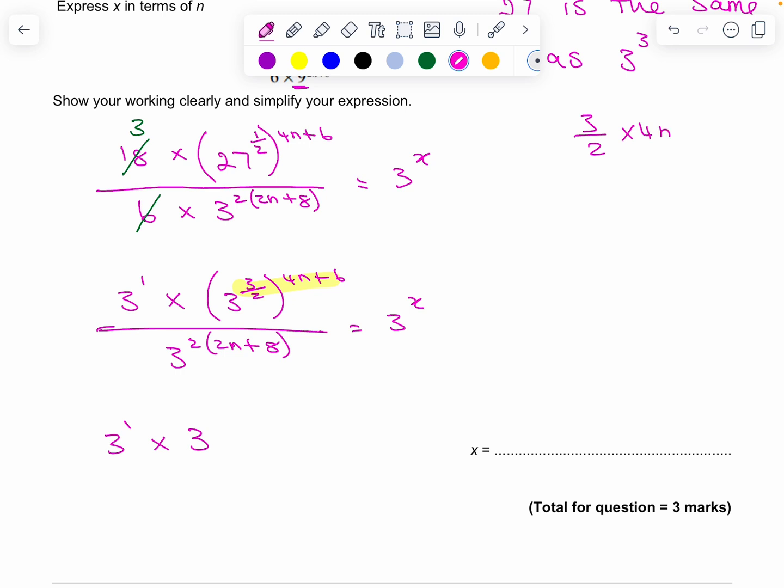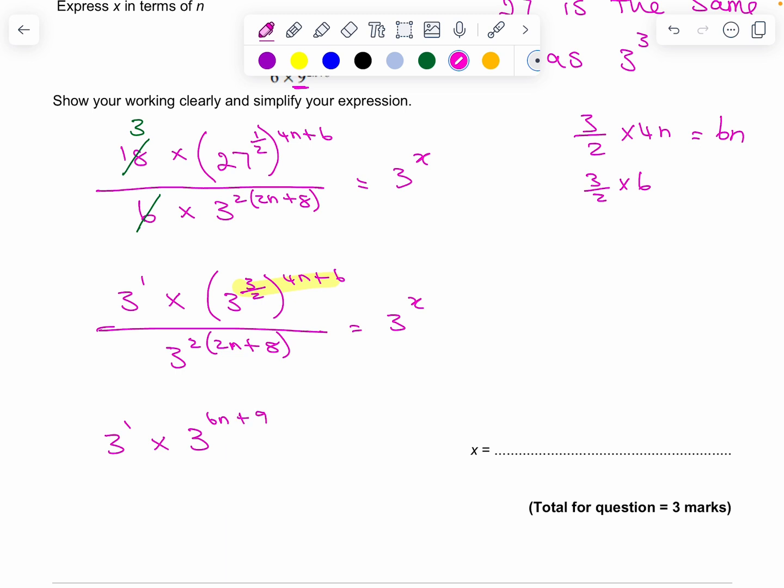Again, 3 over 2 times 4, you can do on your calculator if you want, but it's just 6n. And 3 over 2 times 6 is just 9.